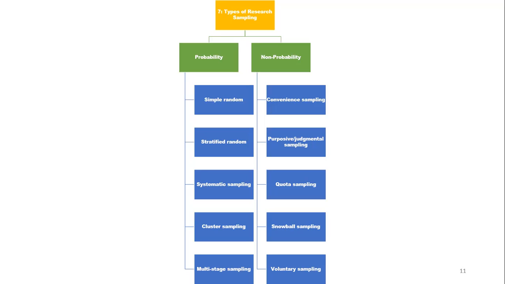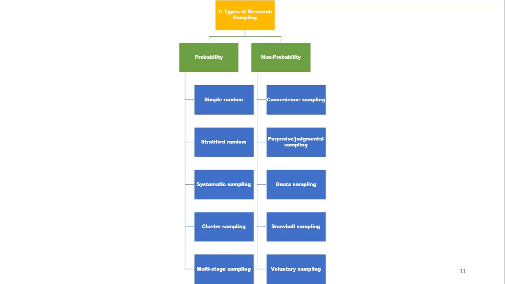It might be the same, but the samples are obtained at different stages. That is why it is called multi-stage sampling. Otherwise, in this multi-stage sampling, it is possible you involve simple random at one stage, stratified at another stage, and systematic at another. It is only trying to tell us that there were different samplings that took place at different stages.